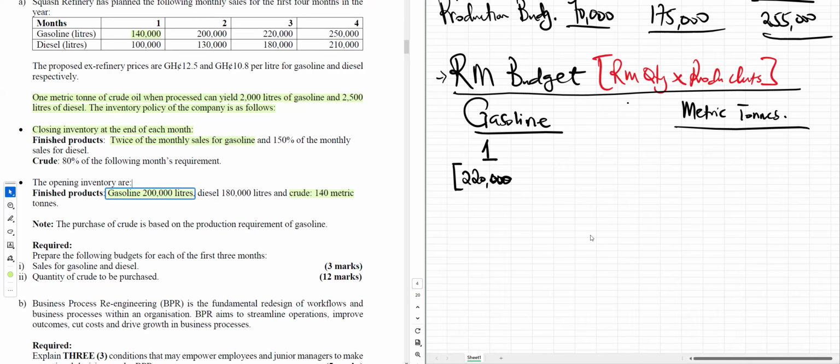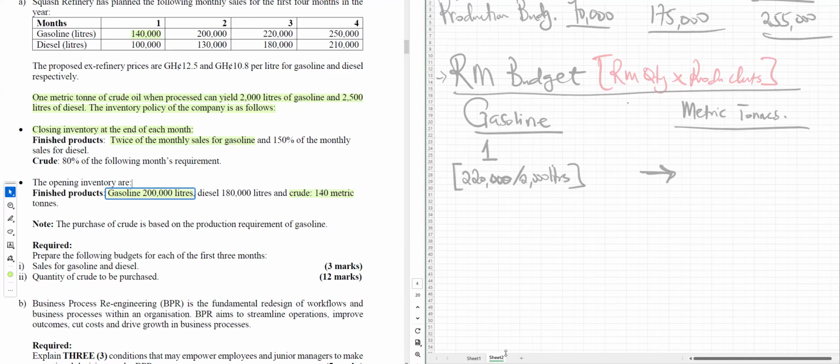So if 1 ton gives 2,000 liters, then 220,000 liters, they are asking, how many tons? So I just have to divide this by the 2,000 liters. Let me explain.